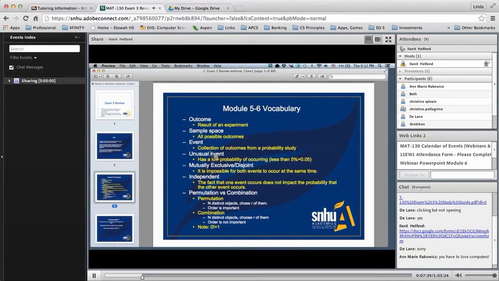Now, independent is different. Independent says the fact that one event occurs does not impact the probability that the other event occurs. So independent would be like if I'm picking a day at random from the whole calendar of the year, and on the one hand, I'm going to look at what day of the week it is.